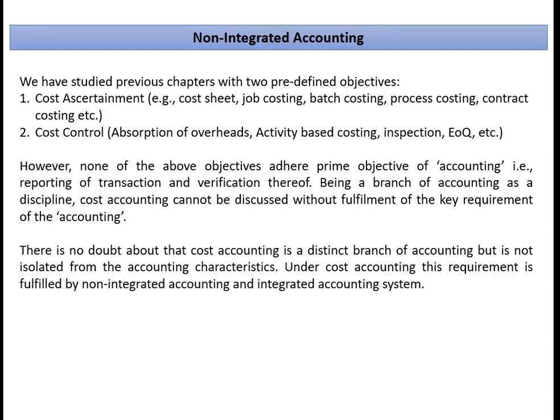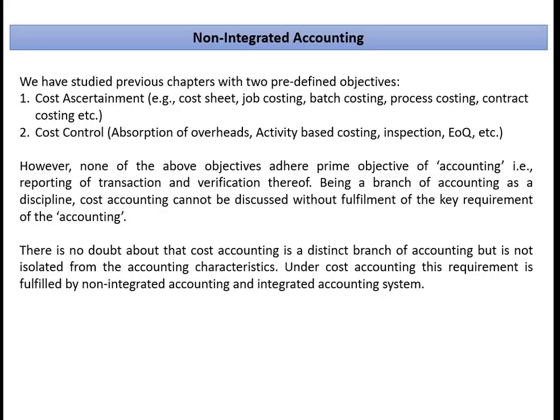So we will discuss in this chapter how we are going to record transactions of cost accounting, like a few transactions you will be aware of: purchase of material, issue of material, normal loss, abnormal loss, issue of material from store to the factory, or issue of indirect material to the factory. Similarly, if material is not coming directly to the store, rather it is directly shifted to the factory, then how it will be recorded.